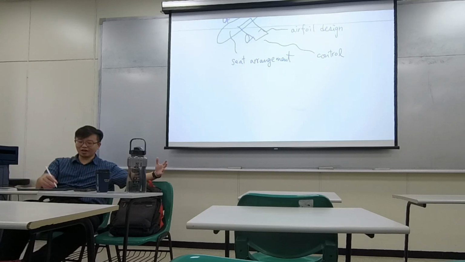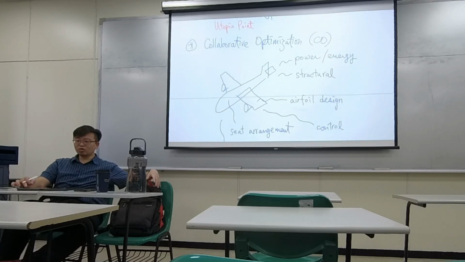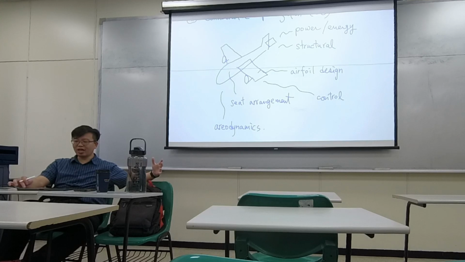You may have an aerodynamics problem, right? So for each problem, they may have their design variables. So let's say airfoil design problem, you may have some dimensional problem, and the airfoil problem is very related to the aerodynamics problem, right?